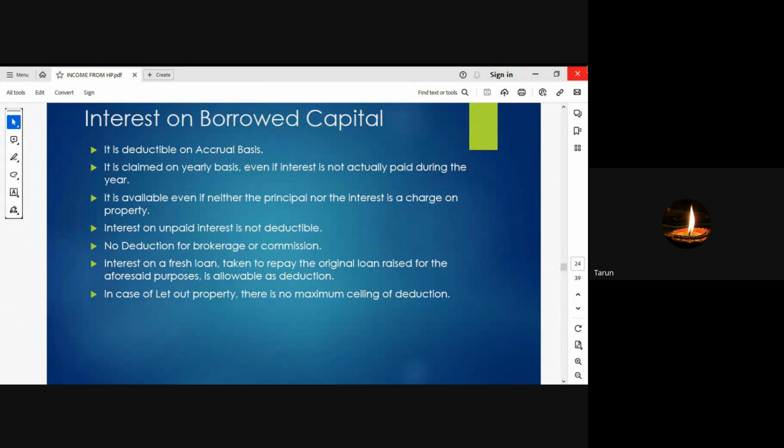No, there is always a fixed limit, that is 30% only. So 30% in every case, whether it is let out or self-occupied property. It is always 30% only, and beyond such limit, beyond 30%, it is not deductible under section 24.